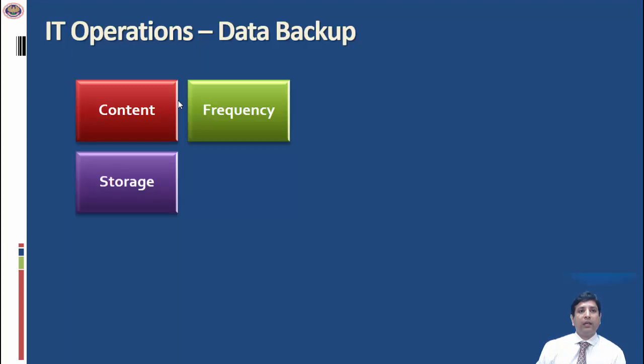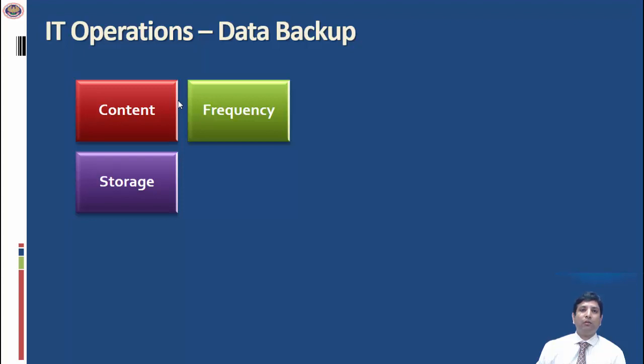Another aspect to consider for data backup is the storage. Having defined the content and the periodicity or the frequency of data backup, where is the data backup being stored? What is the media in which the data is backed up? Typically, it should not be the same media on which the production system is running. The backup should be taken onto a separate system or an alternate system.